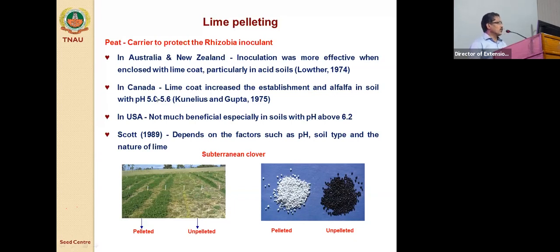In Canada also, lime-coated seeds were found to increase, especially when the soil pH is low. And in the USA, they said there is not much difference with particular soil pH. These are different authors who studied the same thing and reported different results.